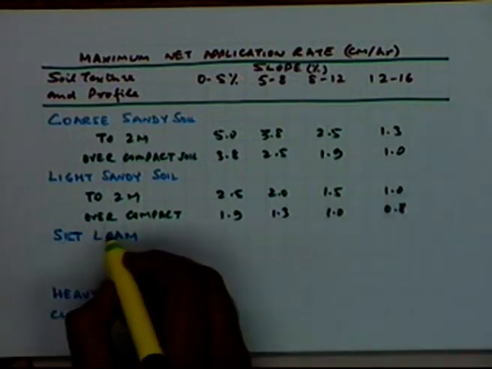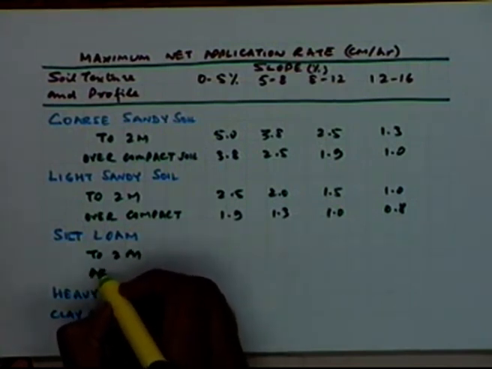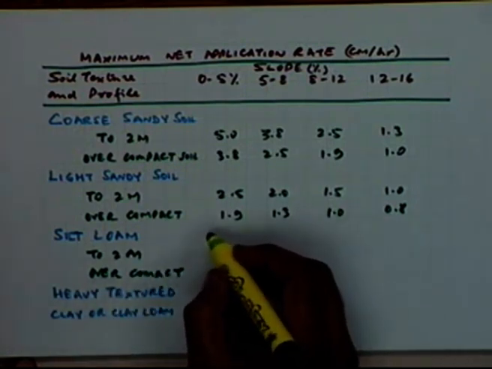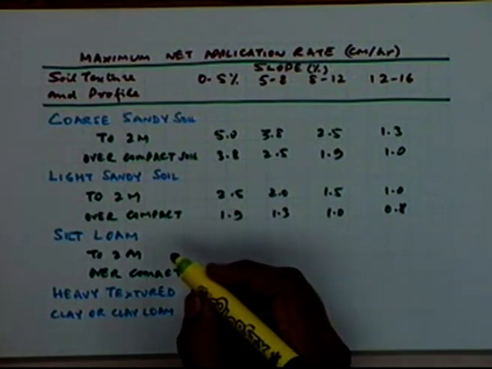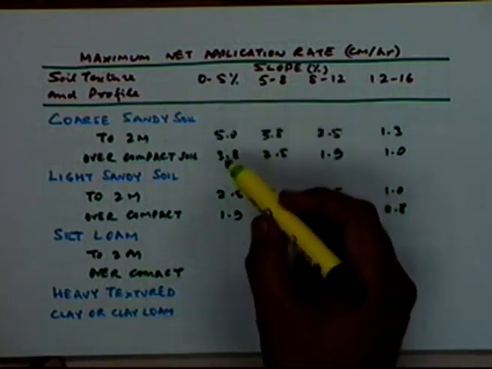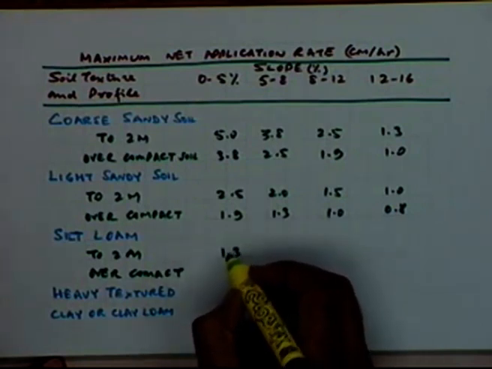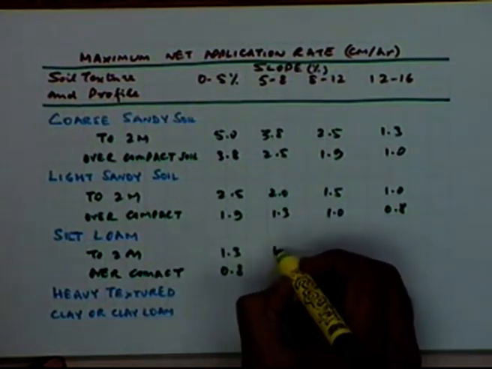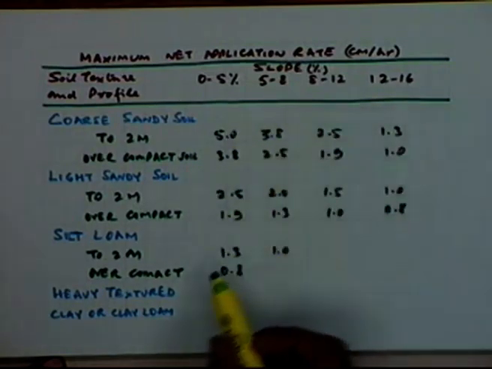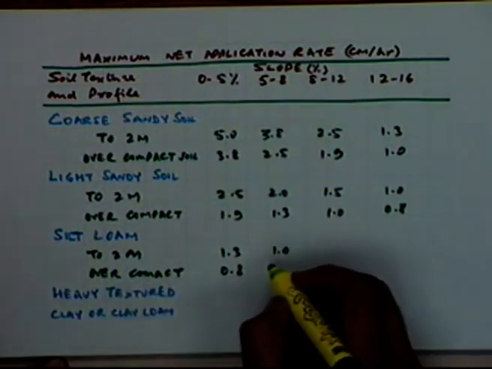And in the case of silt loam, you can also observe that as you go from the coarser soil to more heavy soils, your rates of application are also reducing, and the reduction is also quite significant. For example, from 5 centimeters per hour, it has come down to 0.8 centimeters per hour for silt loam under the compact conditions.